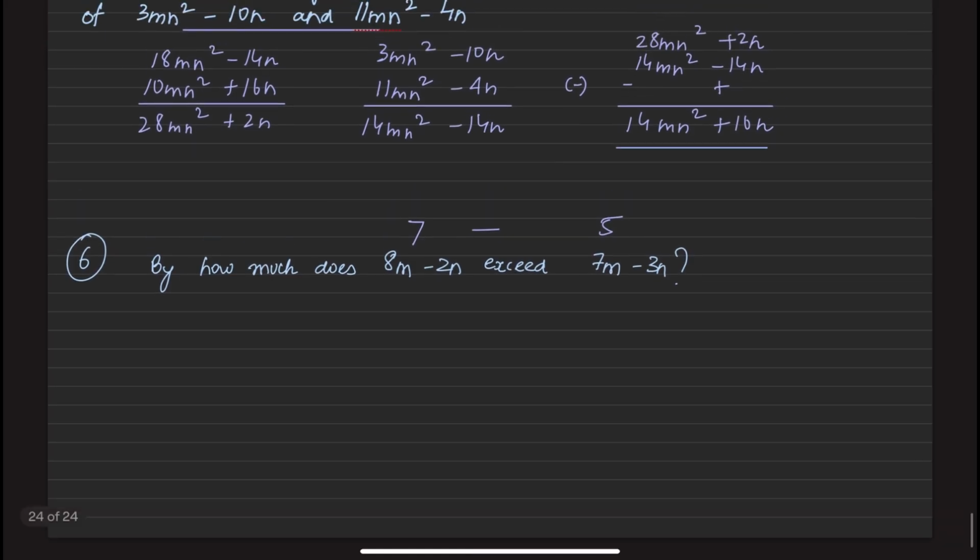So the first expression will be 8m minus 2n. We have to subtract 7m minus 3n. Subtraction, sign change. Minus 2 plus 3 is plus 1 or just plus n. And 8 minus 7 is again 1. So 1m. So yeah, final answer is m plus n.